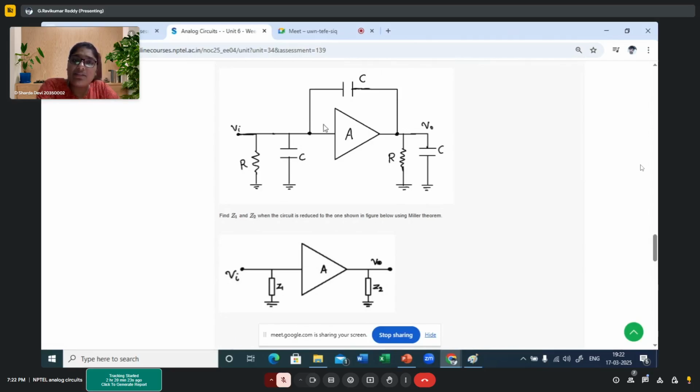Gain A. This feedback capacitor at the input side we can write as C into 1 minus A. No, I'm saying the capacitance will be distributed: when you split a Miller capacitor, one part will come in the input, another part will come in the output. The part that comes in the input is C into 1 minus A, where A is the gain of whatever amplifier is there.